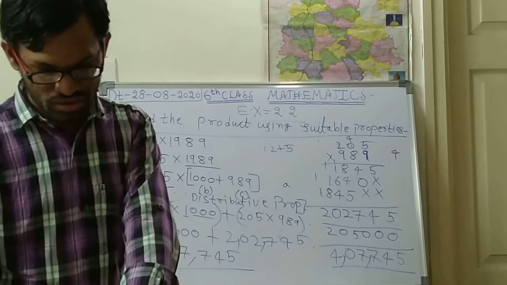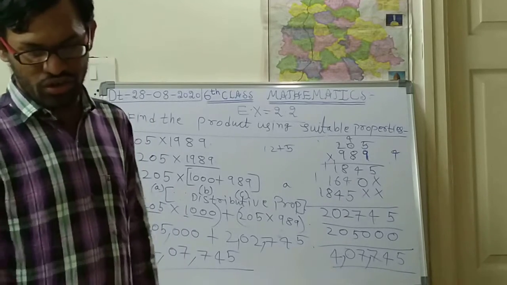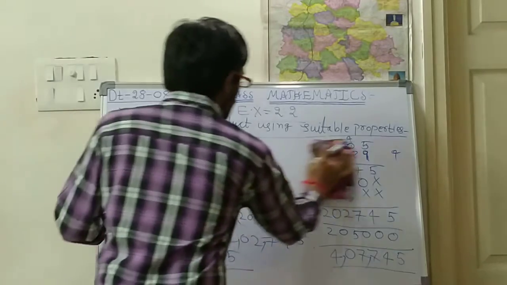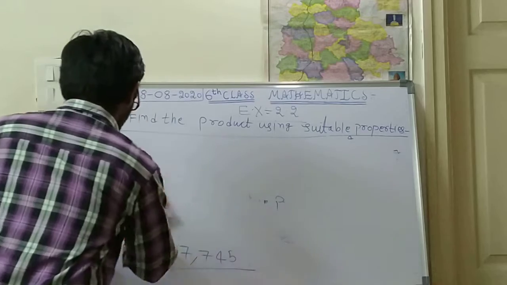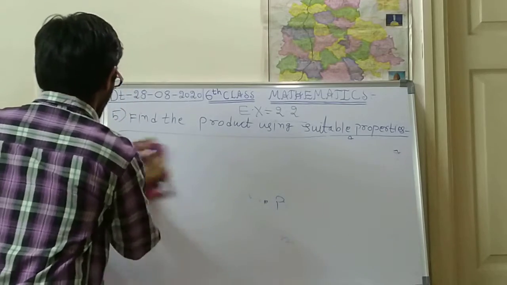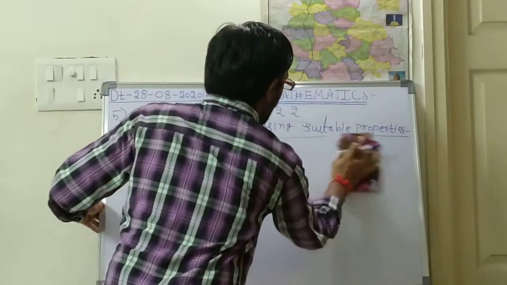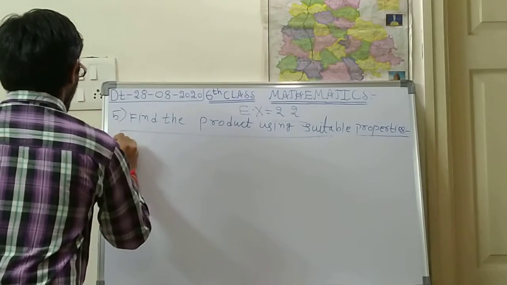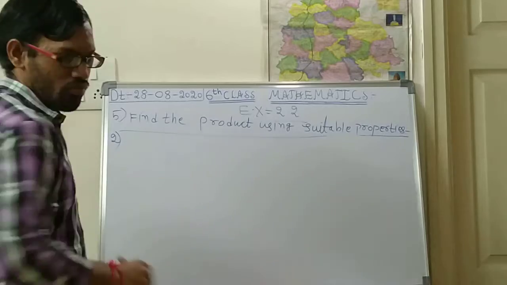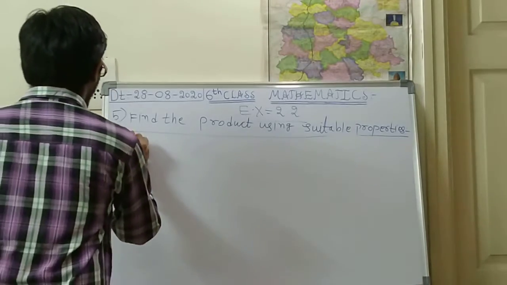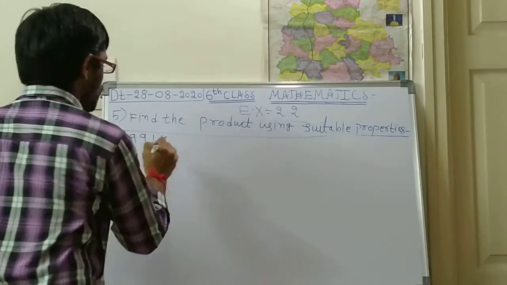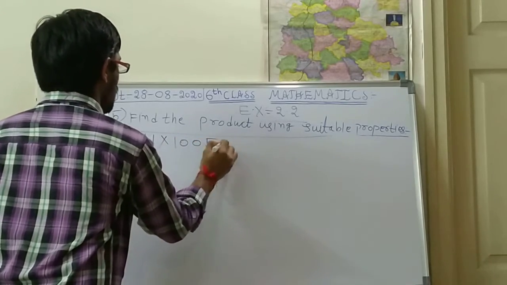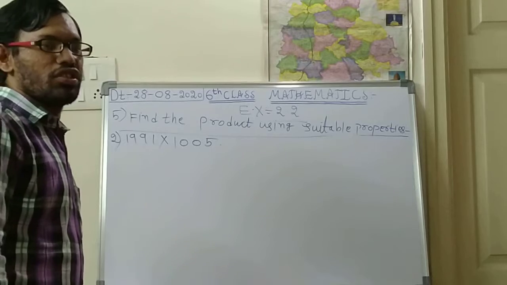So I think the second one also you can do very easily. Like this only you have to do. So we shall see this one. Second one. What is the second one? 1991 into 1005. 1991 into 1005.